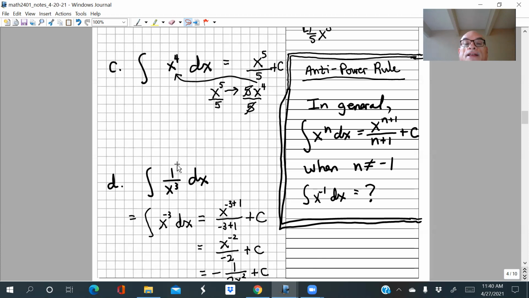And one thing to recall is that there are some special symbols associated with this process. This elongated S is a very familiar symbol because it's so unique to calculus. This is called an integration sign, and it's used to indicate this integration process.